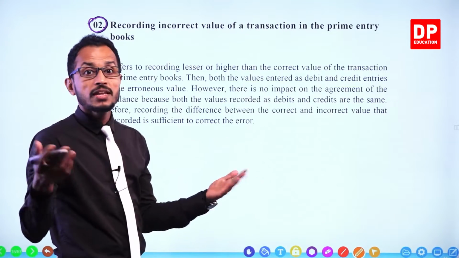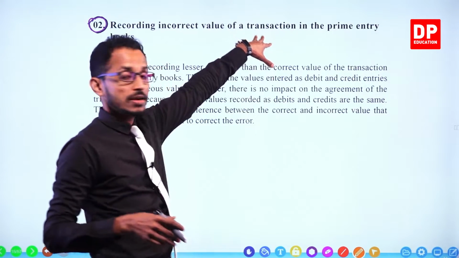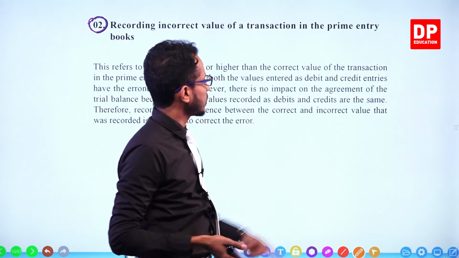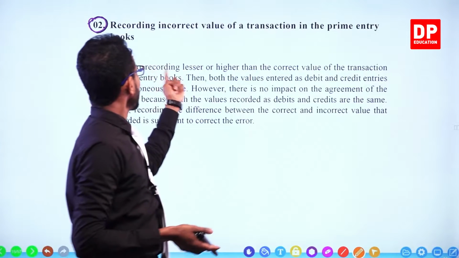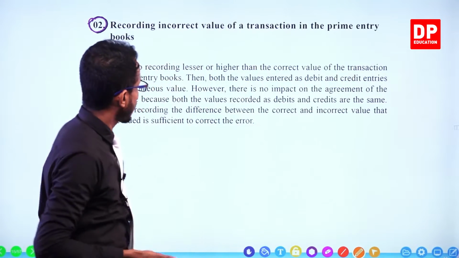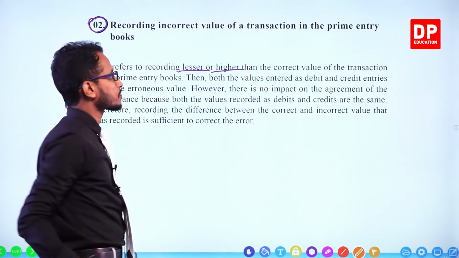There can be many such errors in one day. This refers to recording lesser or higher than the correct value of the transaction.